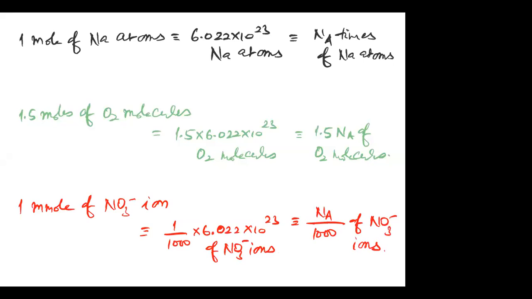So 1 mole is just a counting unit that can be used for microscopic particles, including atoms, molecules, ions, electrons, neutrons, anything. Now see the basic significance of the mole.